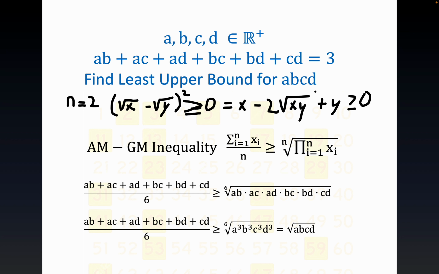When you bring this to the other side and divide by 2, you get x plus y divided by 2, is greater than or equal to the square root of the product. So you see what's kind of neat about this simple looking result is it's an inequality that relates addition and multiplication.